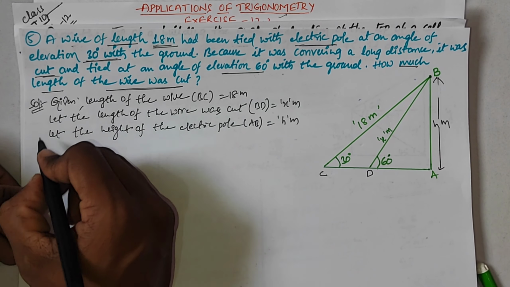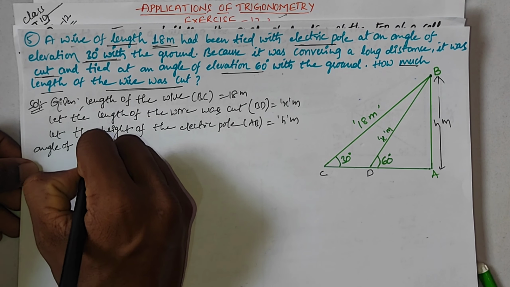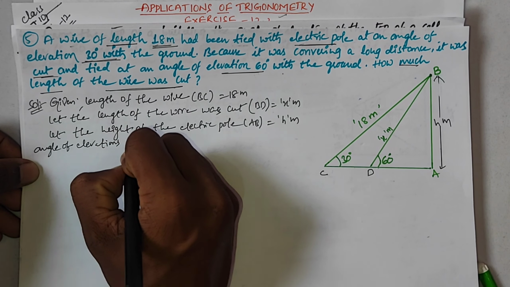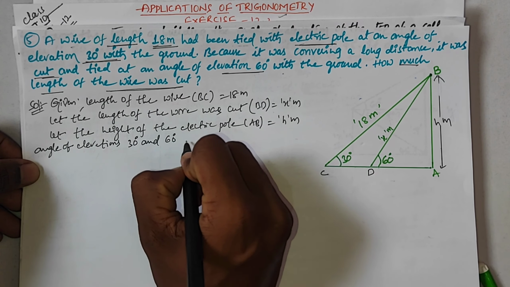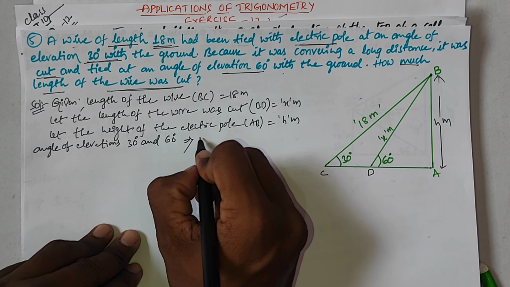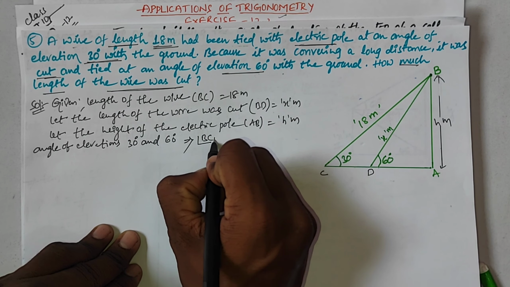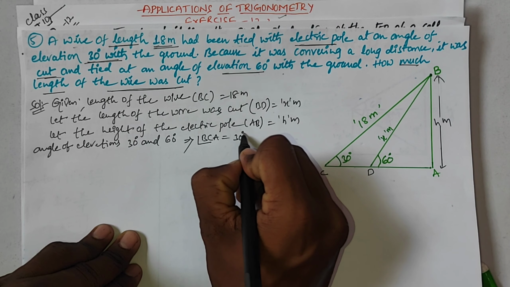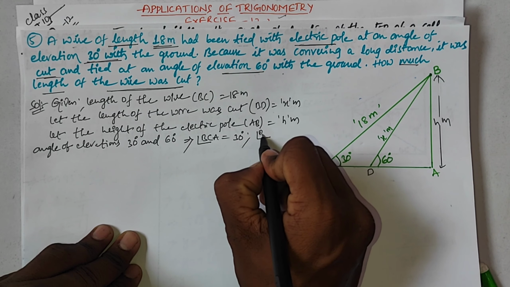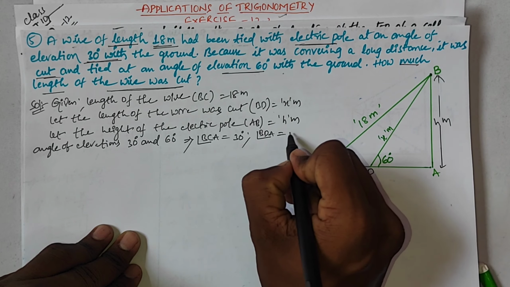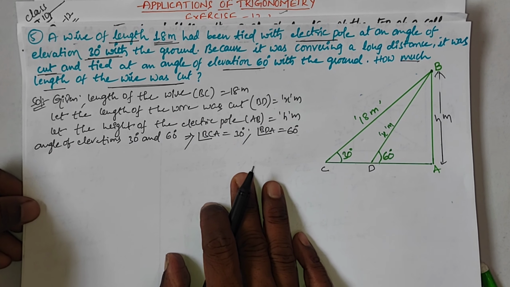Angle of elevation is given, right? Angles of elevation are 30 degrees and 60 degrees. That indicates angle BCA is equal to 30 degrees and angle BDA is equal to 60 degrees. Right? Now we'll find the value.